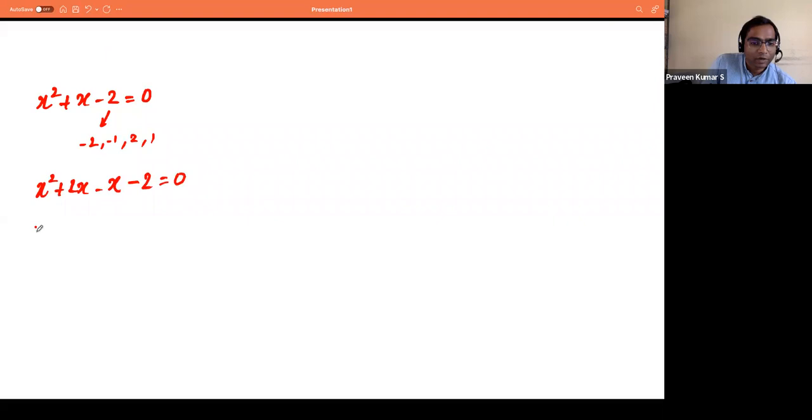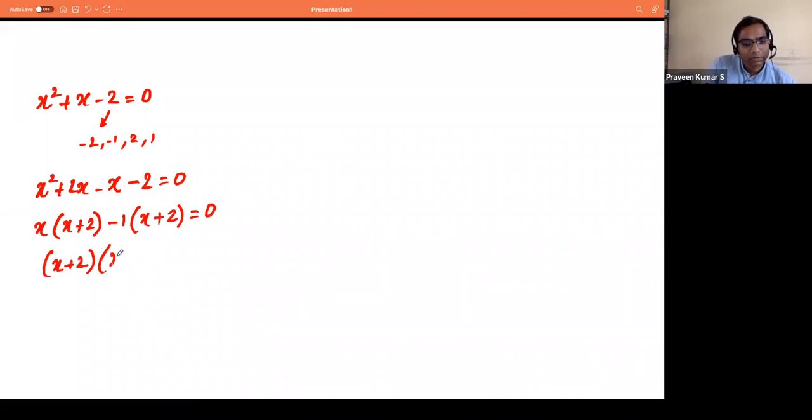If you take x common now, x into x plus 2, minus 1 common, x plus 2 is equal to 0. Now if you take x plus 2 common, x plus 2 into x minus 1 is equal to 0.